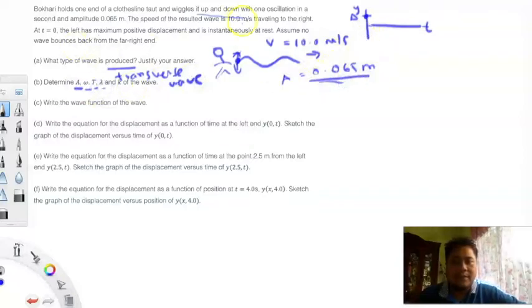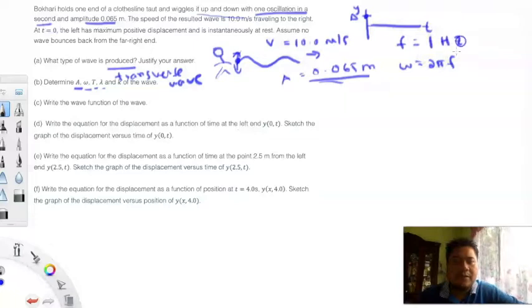Omega equals 2 pi f, but we do not know f. The information says one oscillation per second, which means 1 hertz. So this is 2 pi times 1, so you have 2 pi radians per second.